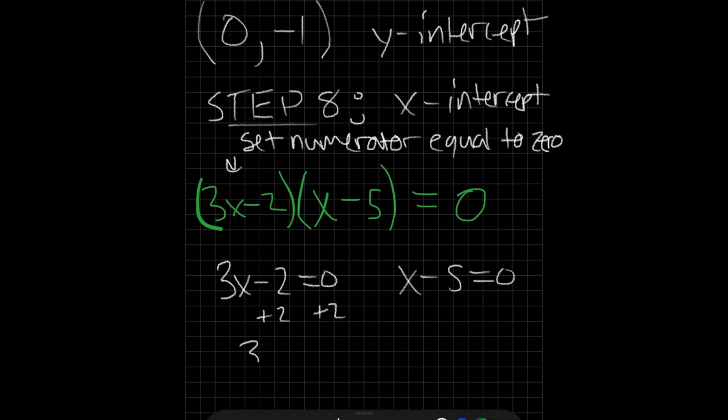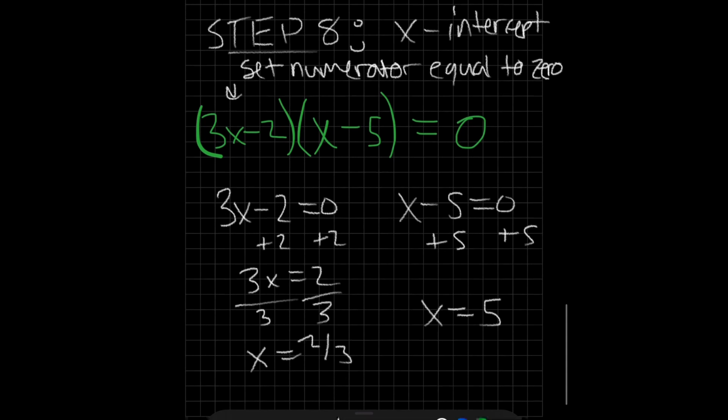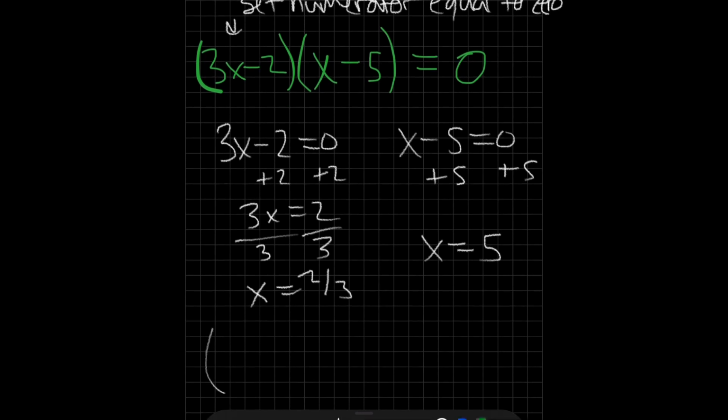So we'll add 2 to each side and get 3x = 2, and divide by 3 on each side. Get x = 2/3. We add 5 to each side, and we get x = 5. And so now we have our x-intercepts, (2/3, 0) and (5, 0).